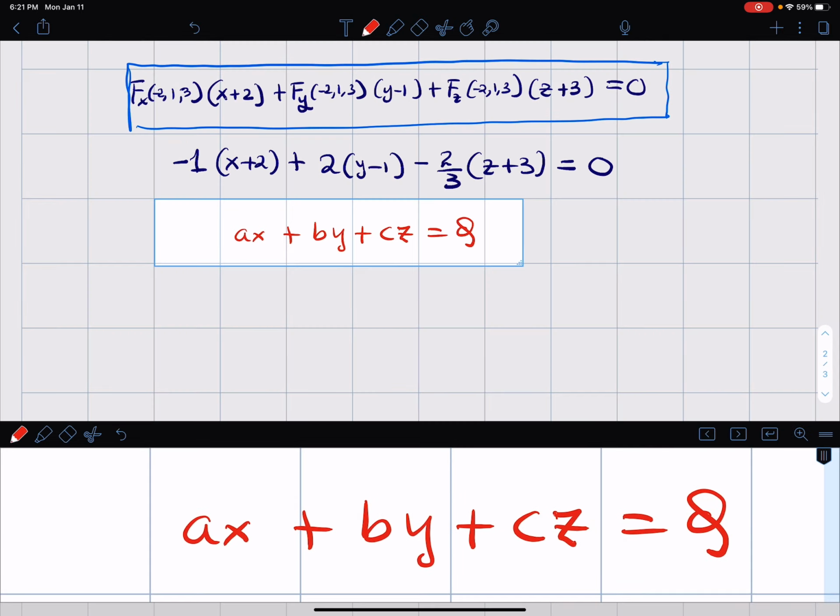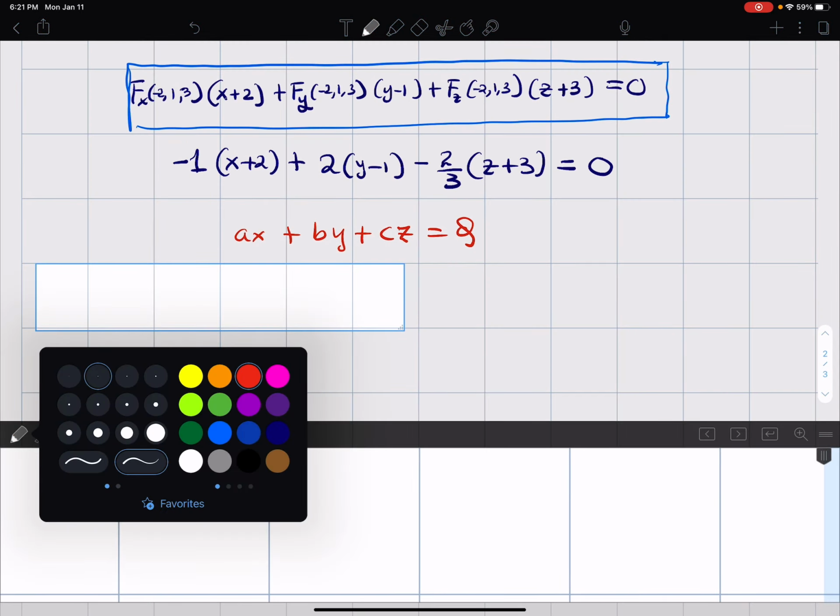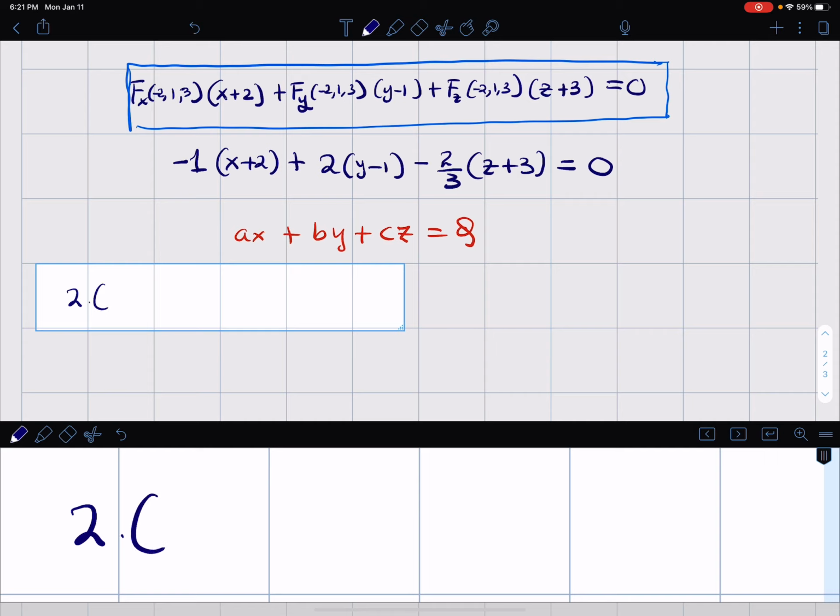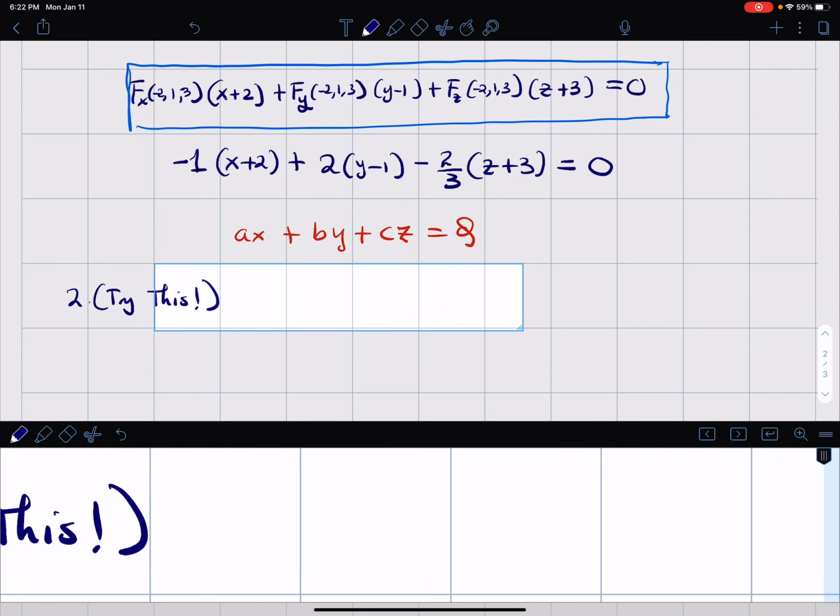All right, I want you to try one. Try this yourself. So you have the equation.